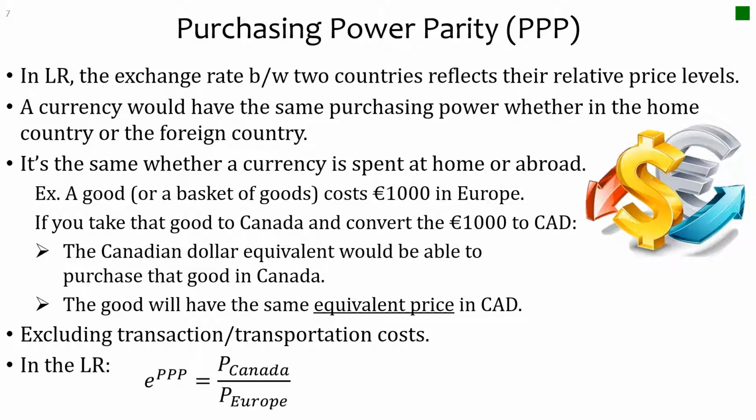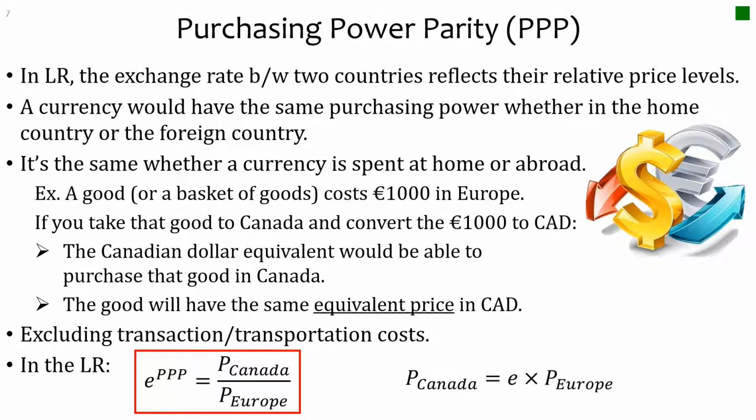So in the long run, we have this formula that the PPP stands for purchasing power parity. The exchange rate according to the purchasing power parity equals the prices in Canada over the prices in Europe. Or you can manipulate that, do a little bit of cross multiply to get this other formula. Both are useful, so write them down and box them.